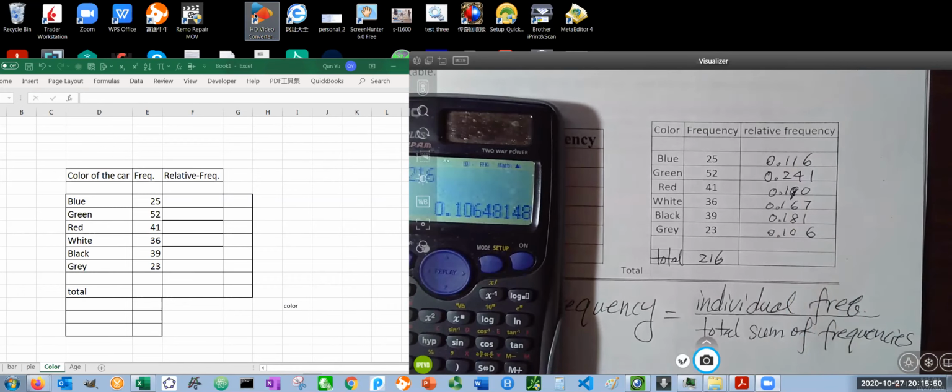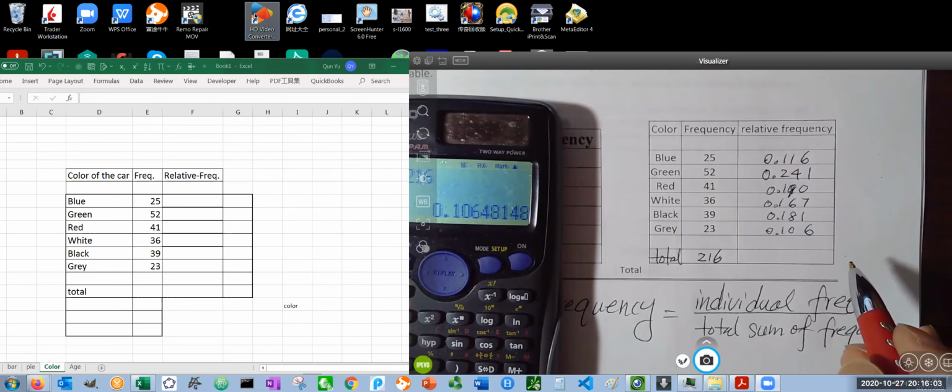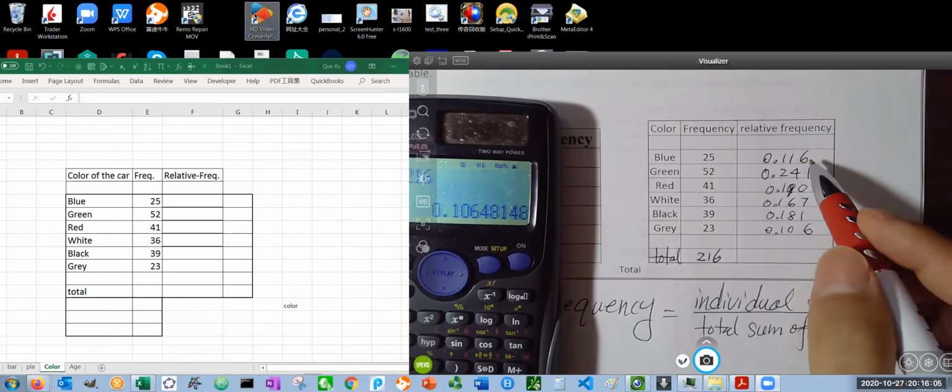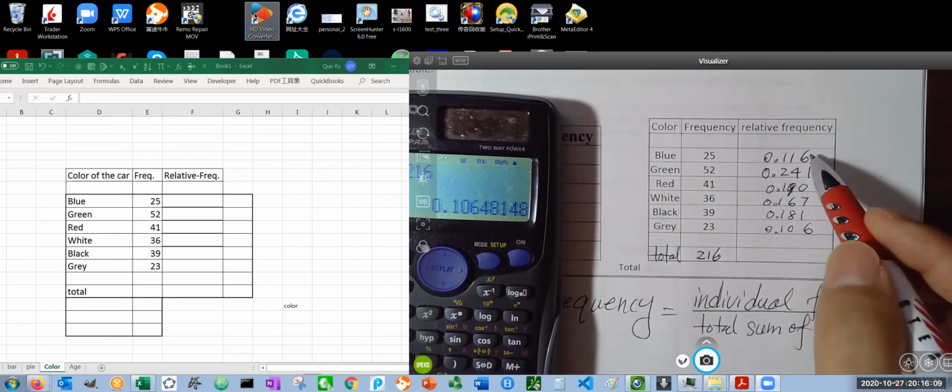Are we really going to get 1 exactly? Very unlikely. The reason is that each number is a rounded number. You have a rounding error in each number.